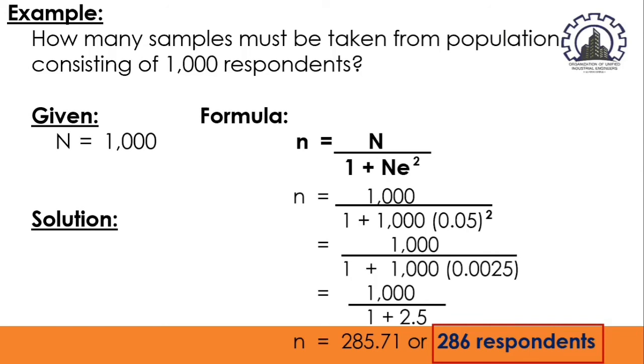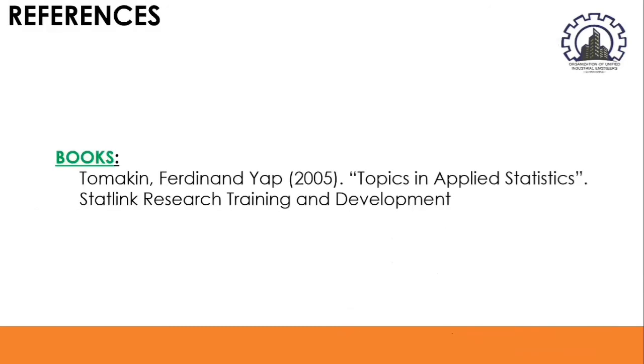So we will be rounding that up to the next whole number. That means the total respondents that we will be conducting research questionnaires to would be a total of 286 respondents.